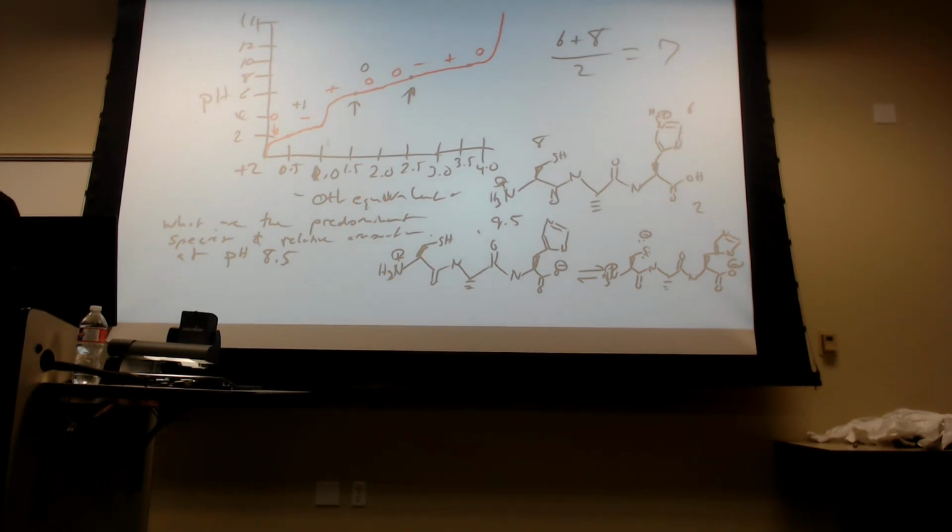Okay, for the pH, we would say pH is 8.5 equals, we find the pK that's within that vicinity, the closest one to 8.5. The closest one would be pK 8.